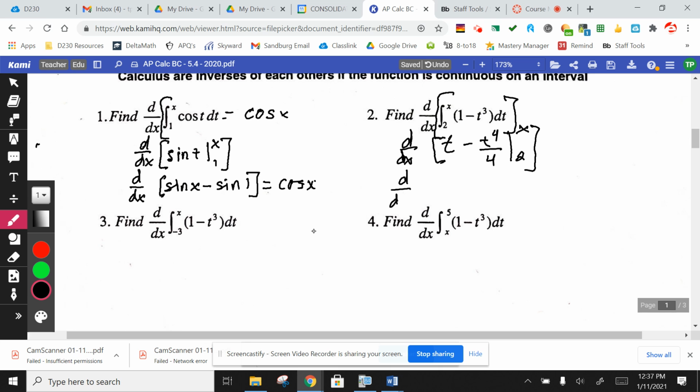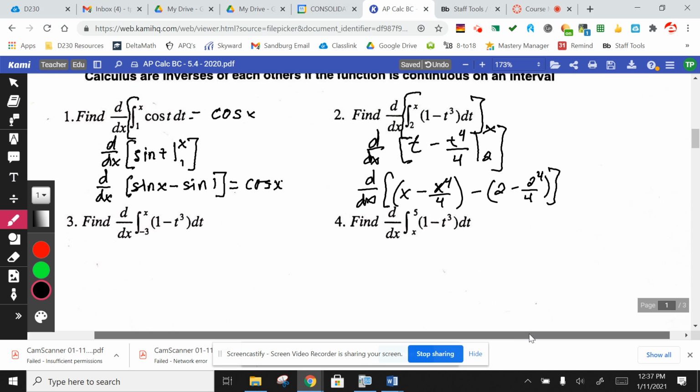So I'm going to drop that down. Plug in your upper limit, so I would get x minus x to the 4th over 4. Plug in your lower limit. And then do not worry about simplifying that, so just stop right there. When you get the 2 minus the 2 to the 4th over 4, no need to clean that up.